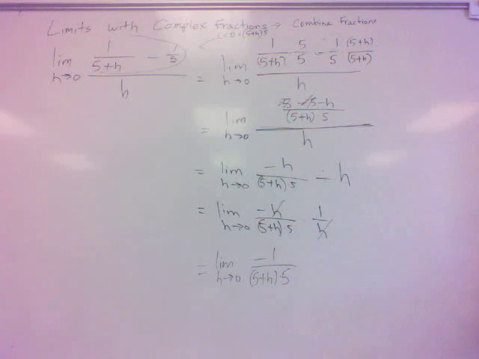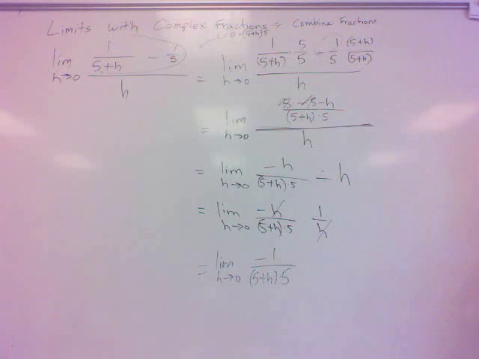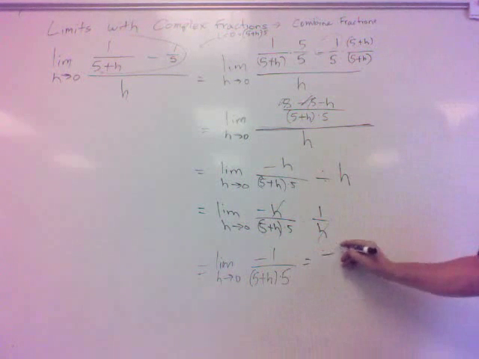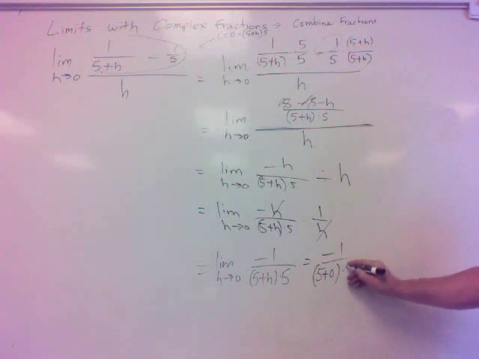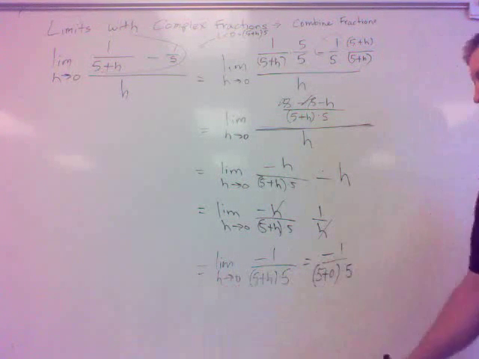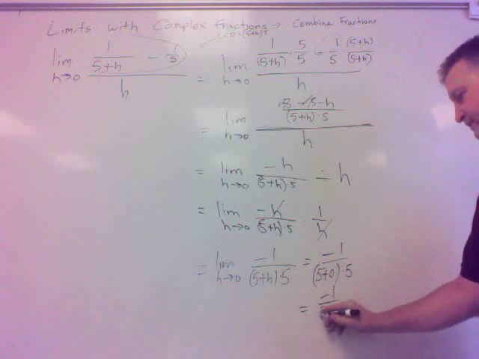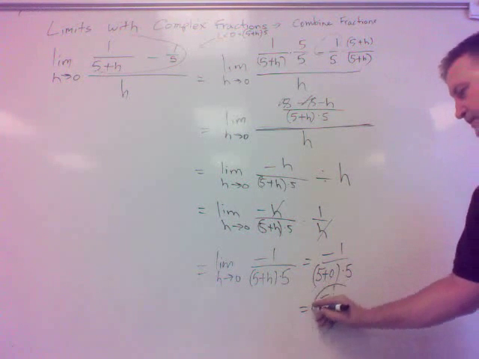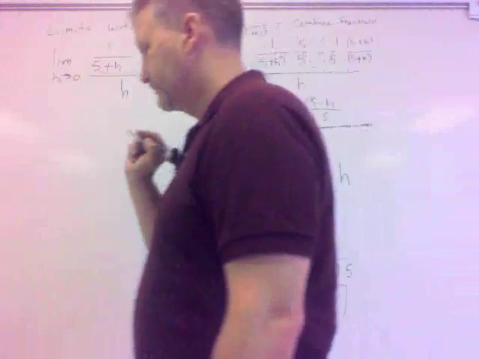Now I can do my substitute, right? I don't have a problem now with 0 being the denominator, so I can substitute. Substitute the 0 for h in. What do I get? Minus 1 over 5 times 5, 25. Is that okay?